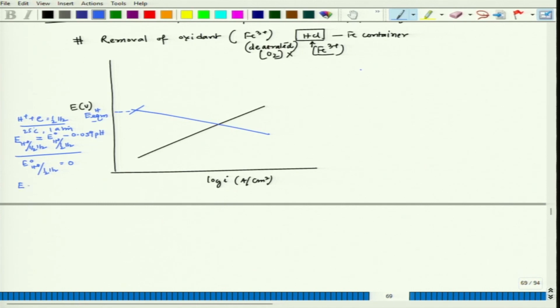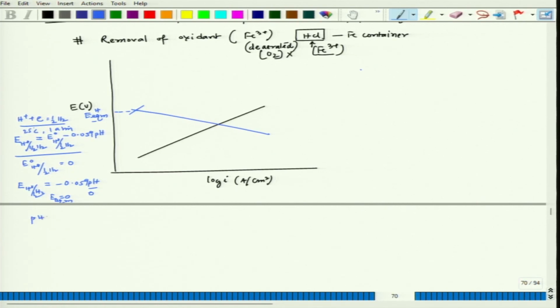So, E equal to nothing but minus 0.059 pH. Now, if we maintain pH at 0, then this value would be equal to E naught, and this value is the equilibrium potential when the pH is 0.